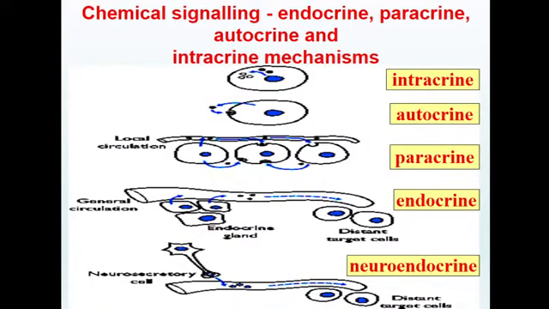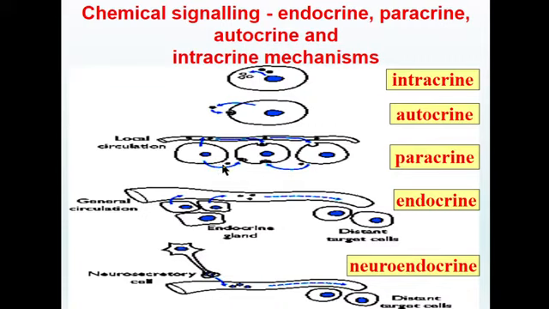Now, this picture is more for repeating the different actions of a signaling agent. If these chemical signals are produced and act inside one cell, we call this mechanism intracrine. If they are secreted out of this cell and interact with the surface of the cell, we call it autocrine mechanism of action.